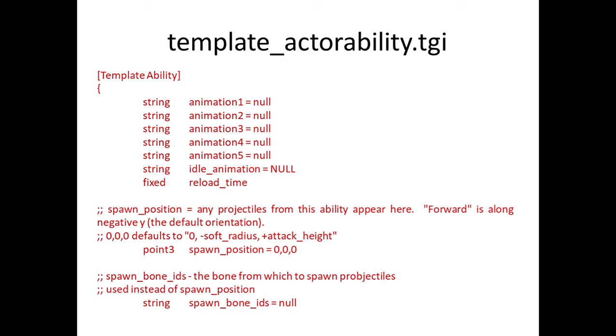First thing that comes to note if you're looking at this on the screen is the 5 different animation strings here. In Axis Allies, you're only going to be using animation 1 and idle animation, just as a given.